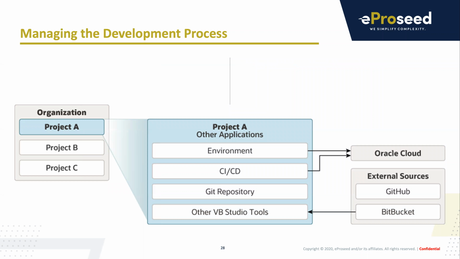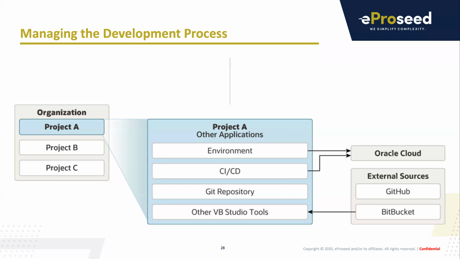So more or less what you see in Visual Builder Studio is, as an organization, you can have multiple projects running. It says ABC. I have a Groundbreaker Demo 1, Groundbreaker Demo 2, Groundbreaker Demo 3. And within each project, you can have environments.